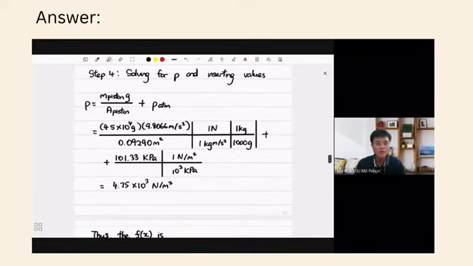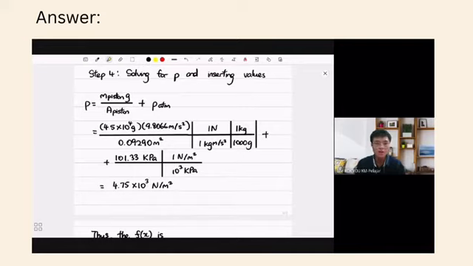We know that the mass of the piston equals 4.5 multiplied by 10 to the power of 4 gram, and the gravitational acceleration is 9.8066 meter per second squared.